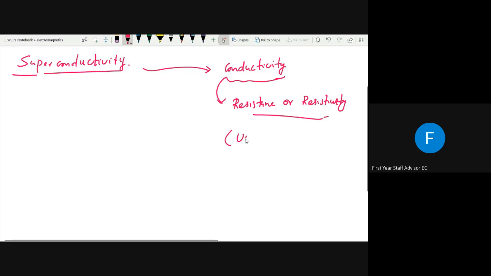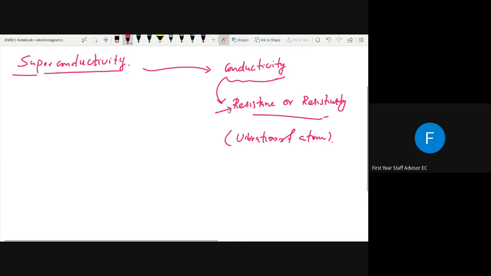Conducting electrons collide with these vibrating atoms and other electrons, and it will hinder or block the movement of electrons, or specifically slow down the movement of these conducting electrons, and that is the source of resistance.